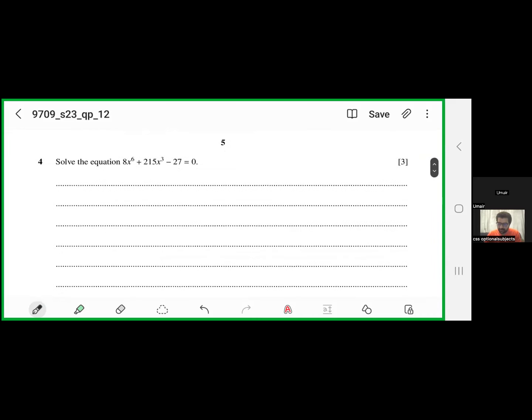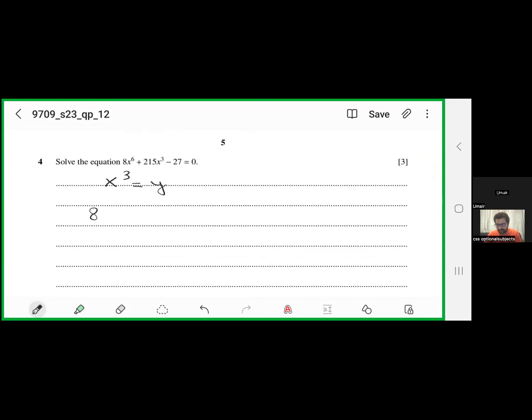Next question is solve the equation. Now this is an equation which you have to convert. You can convert this equation or you can factorize this equation. Let us suppose that x cube is equal to y for the sake of solution.